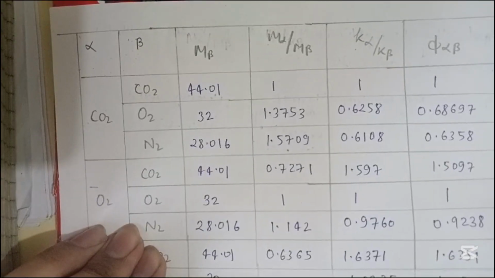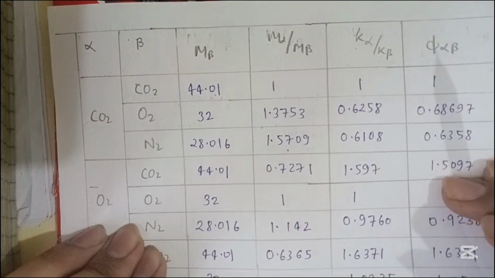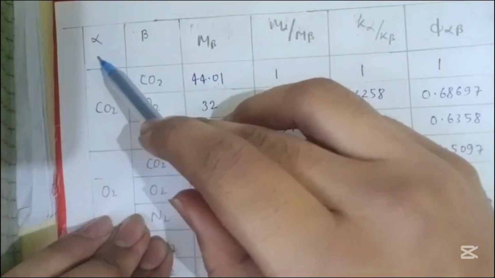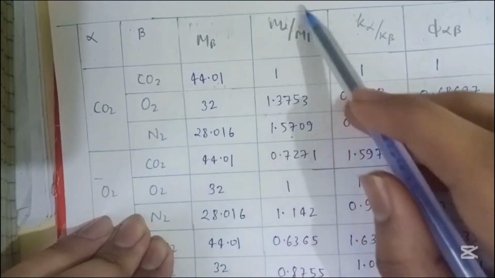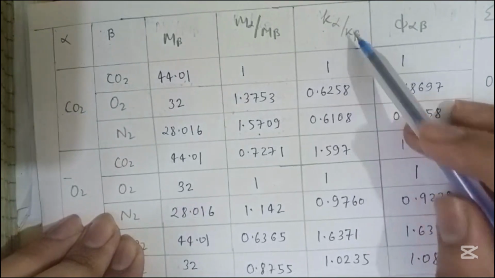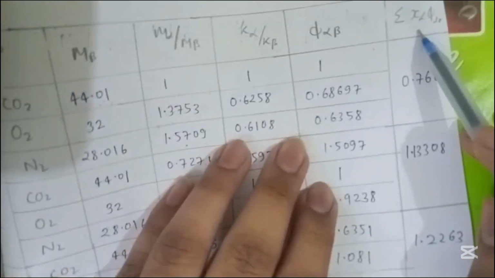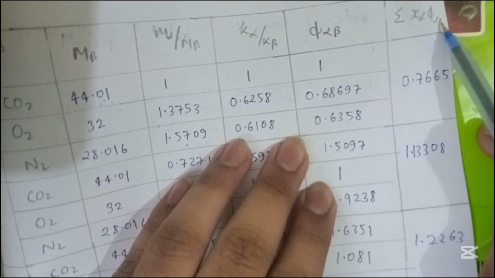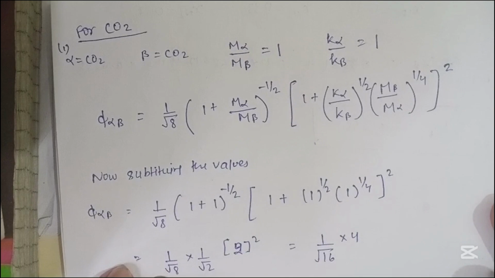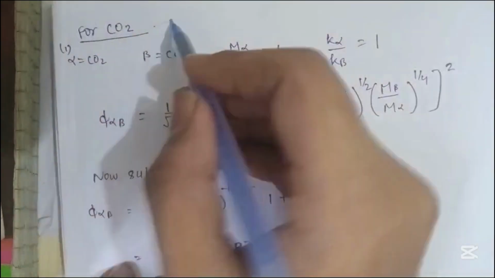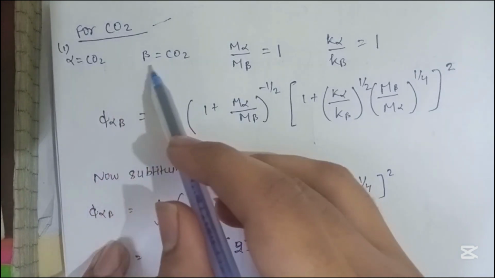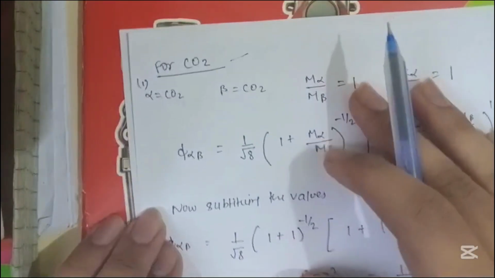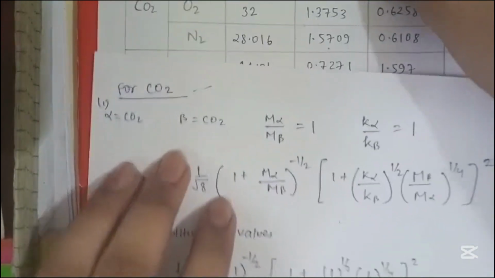So we have extracted all the data, and now we have created a table that contains alpha, beta, m alpha by m beta, k alpha by k beta, phi AB, and sigma x beta into phi alpha beta. So for the calculation of phi alpha beta, for CO2 we have taken alpha equal to CO2, beta equal to CO2 because we have to calculate for the three cases.